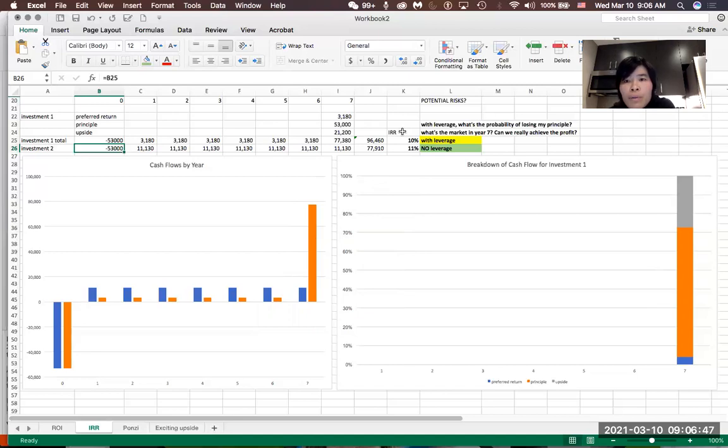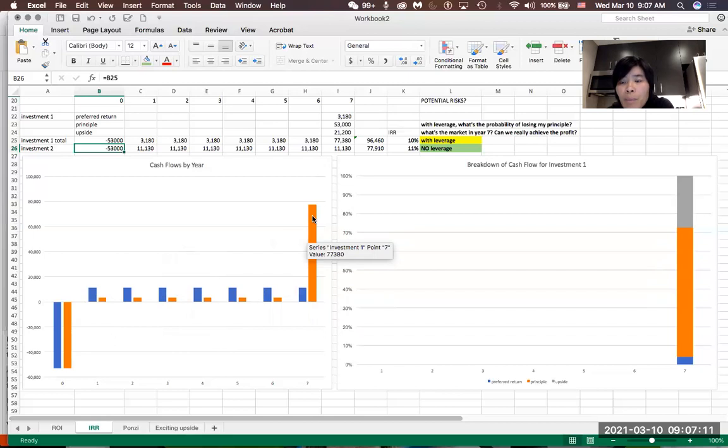It provides an apple-to-apple comparison between different projects with different cash flow profiles. It can be a project with a 3-year horizon versus another project with a 7-year horizon. It can compare a project with even cash flow distribution versus something highly skewed towards the end, right?